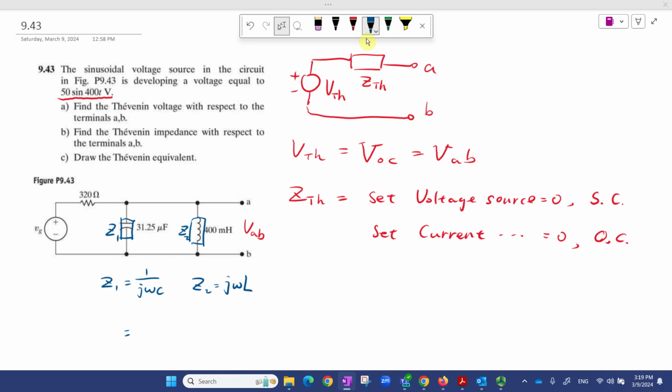Omega here is 400, from the equation of the source. Then we plug numbers in.